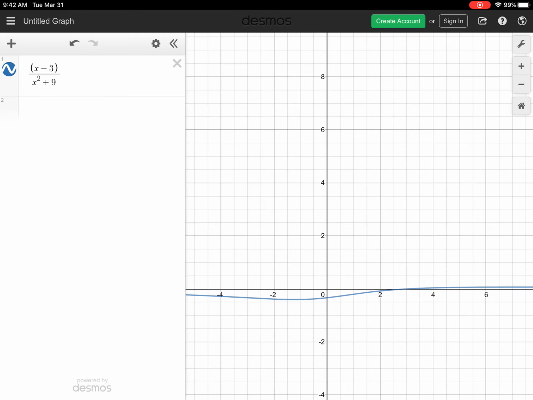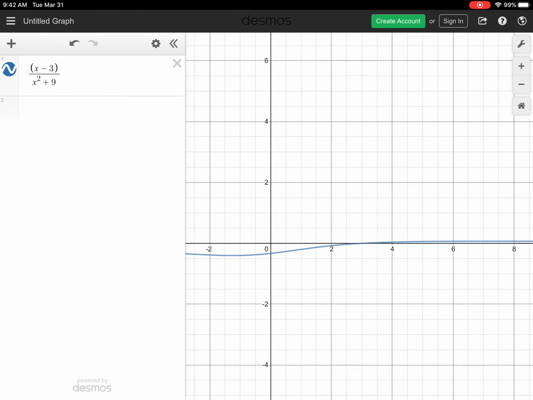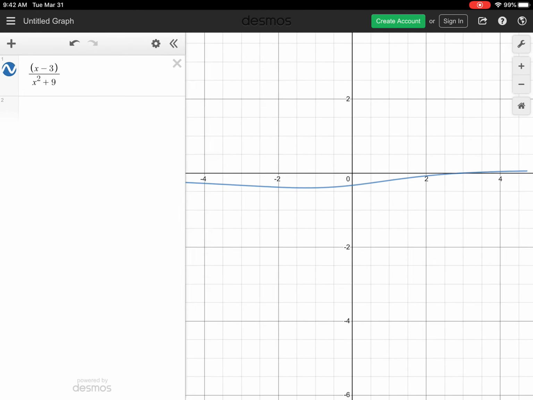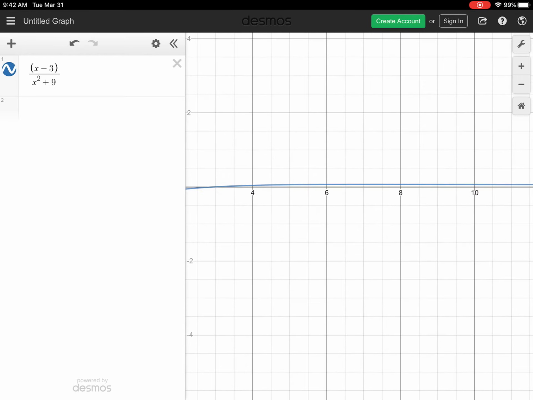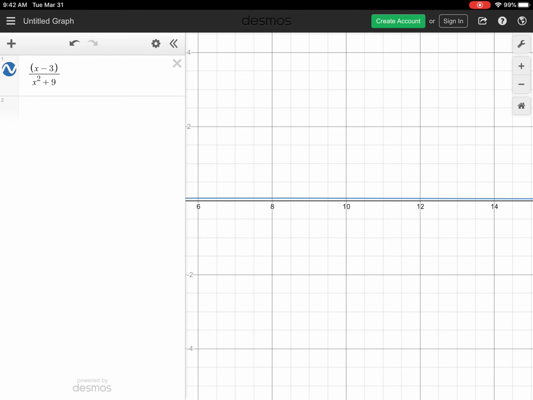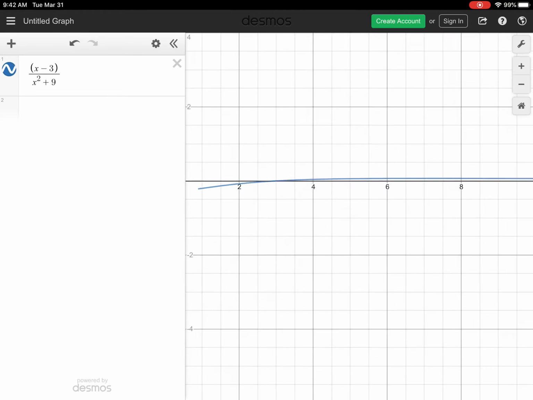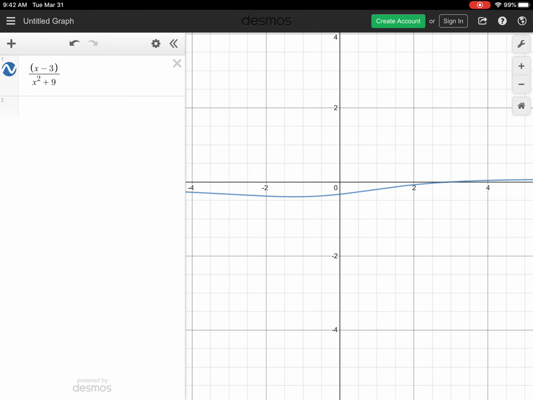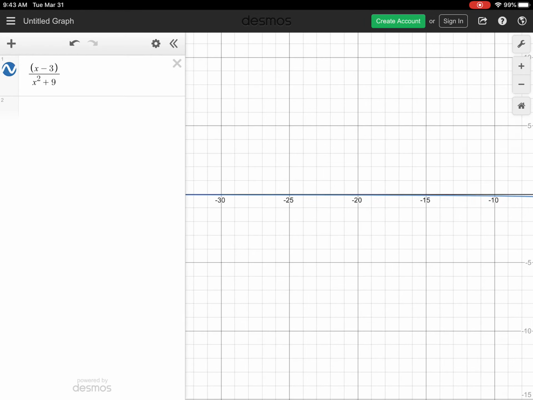If I graph that function, first of all, where is my function? Oh, here it is. Now you see it's just a nice looking line. To be a vertical asymptote, my function needs to approach positive infinity or negative infinity as the graph approaches a number from the left and right.